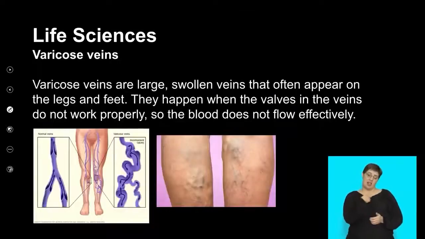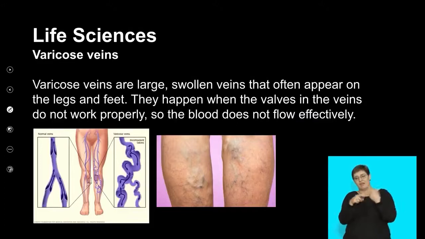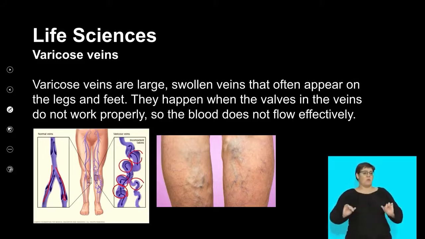Now, unfortunately, females are prone to this. Sometimes we cross our legs and whatnot. It's a thing called varicose veins. And what happens is our veins get all funnily twisted, if I can say that. So over here, that's what a normal vein would look like. Now what happens is the veins sometimes are not working as they should.